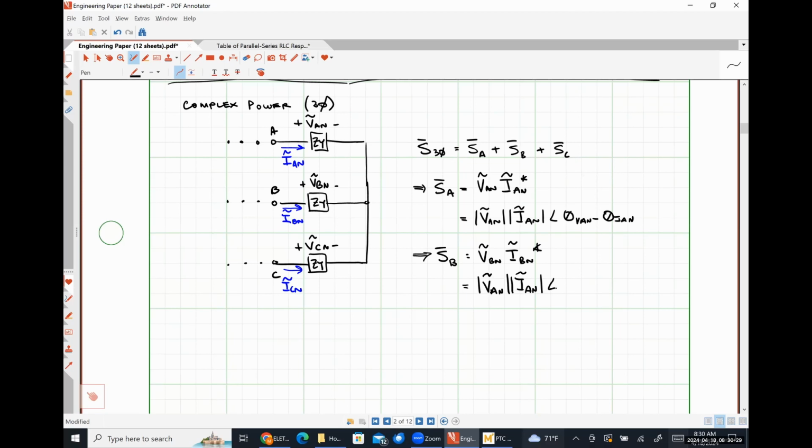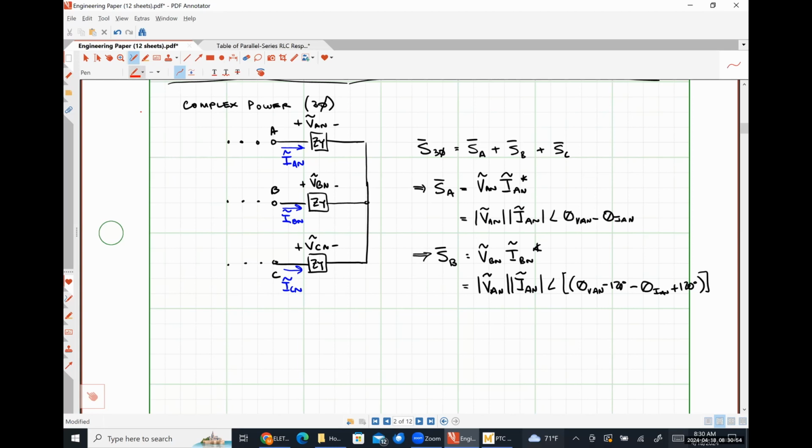We know that the voltage in the B phase lags the voltage in the A phase by exactly 120 degrees. So this is going to look like theta VAN minus 120 minus theta IAN plus 120.